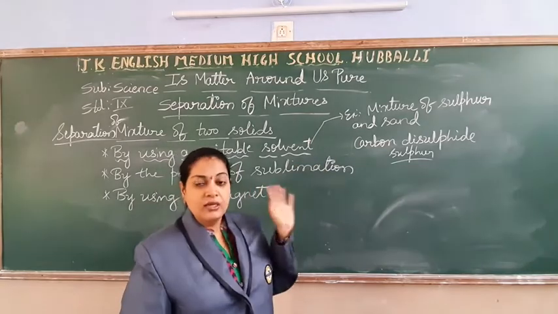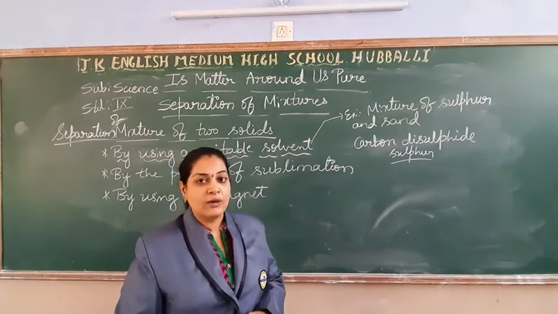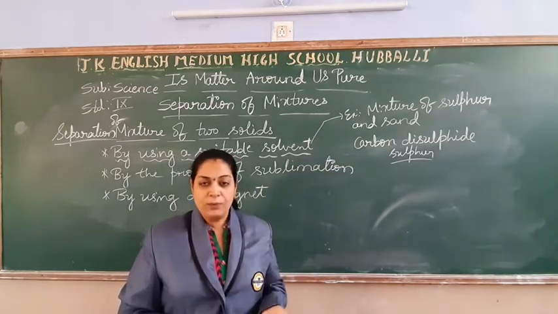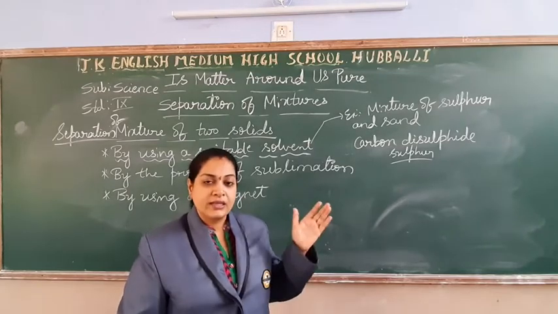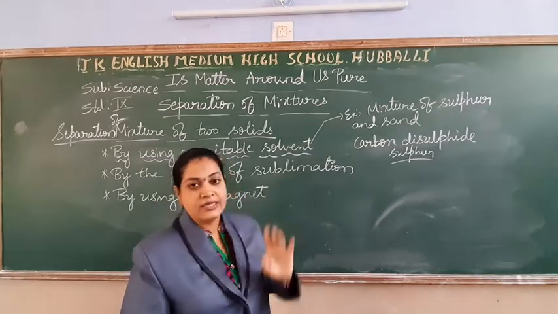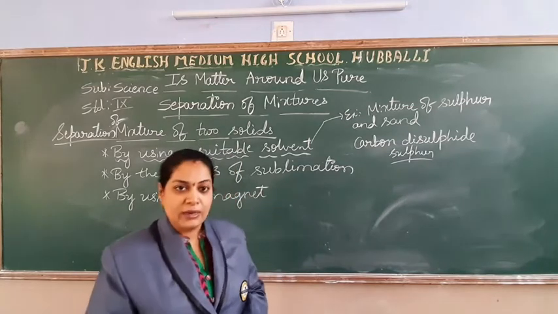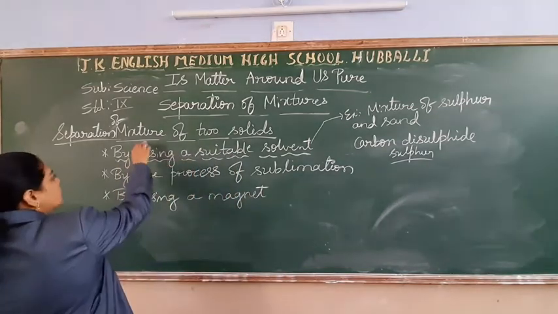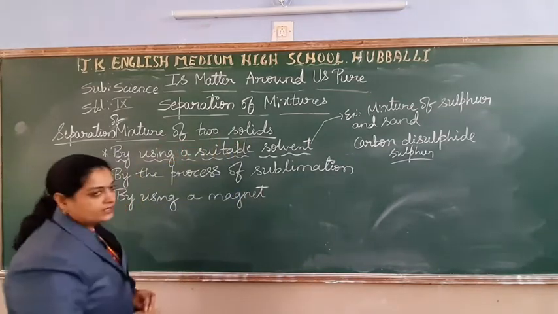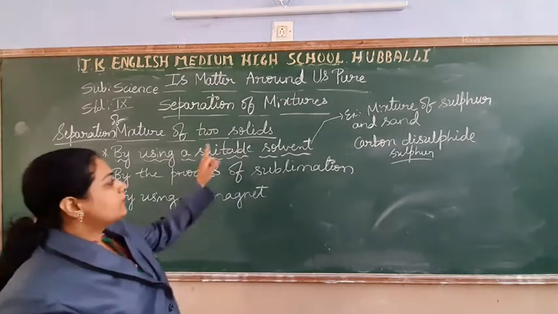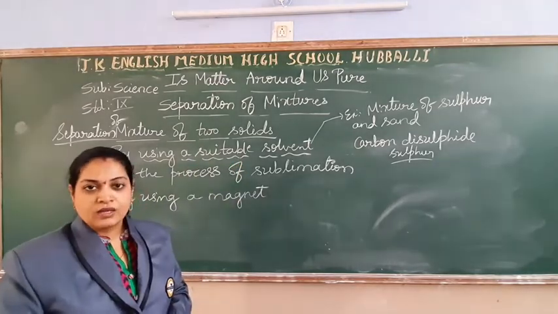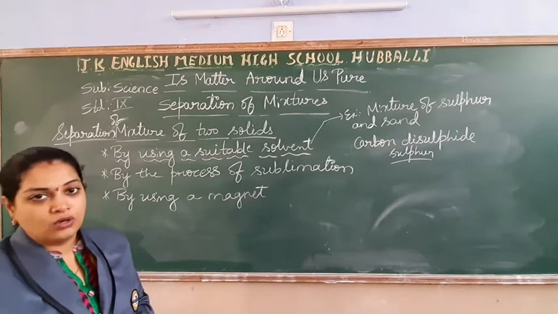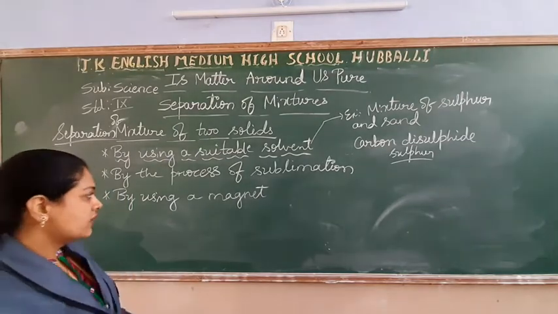Sulfur solution, nothing but sulfur along with the carbon disulfide. Do the evaporation process. You can separate the sulfur from the carbon disulfide. So these are the methods used to separate two types of solids by using suitable solvents. Hope you are understanding, students?